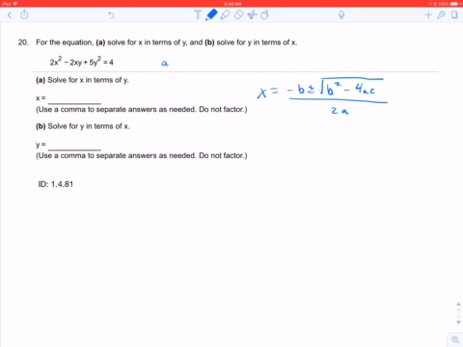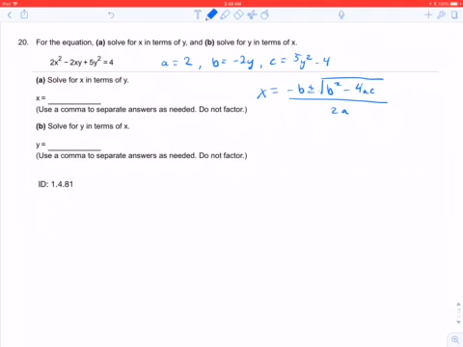Yeah. So then the a is going to be 2. B is going to be negative 2y, and our c in this case is going to be 5y squared minus 4. Okay, so we set it to 0. So now we take these a, b, and c's, and let me see, use commas, do not factor.